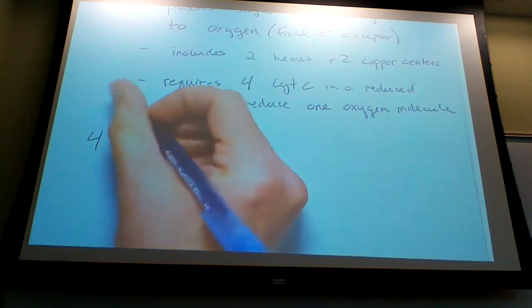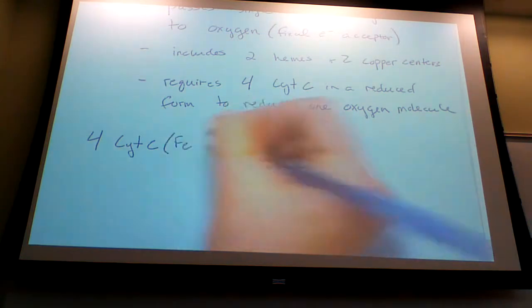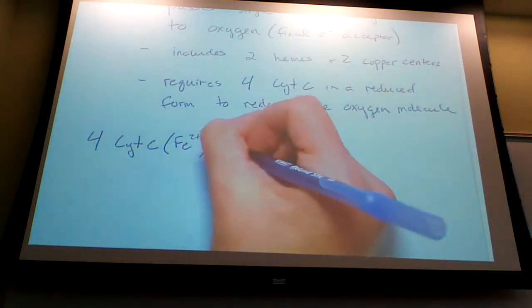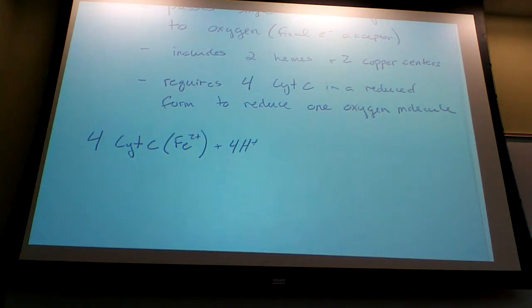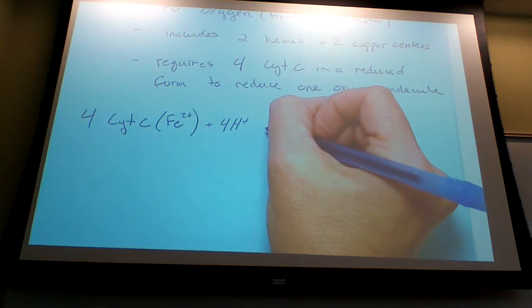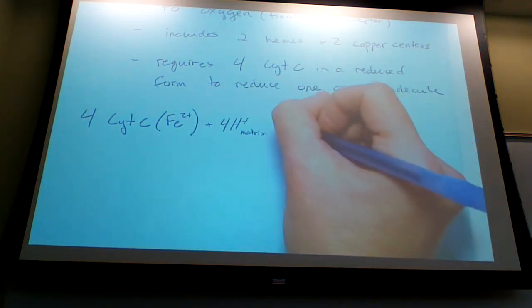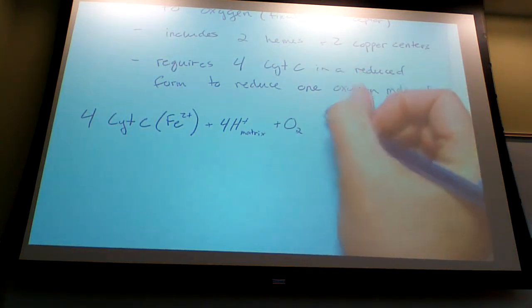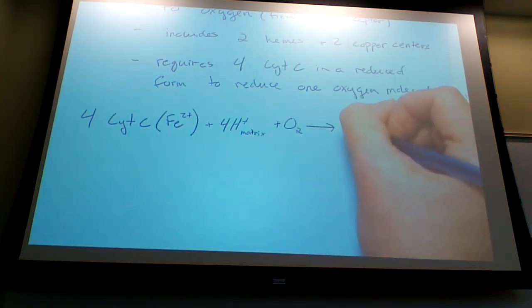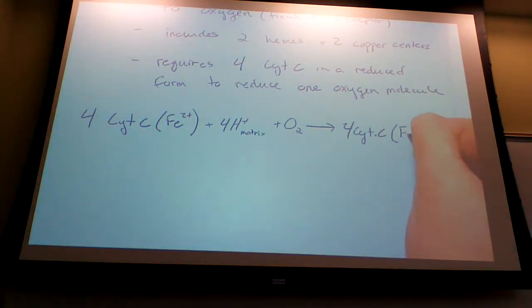So this one, the reaction is 4 cytochrome Cs in reduced form, which is an iron 2, plus 4 protons. And these are matrix protons. Plus an oxygen, which is also found on the matrix side, goes to 4 cytochrome Cs in the oxidized form, plus 2 waters.